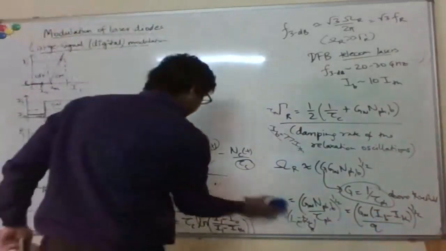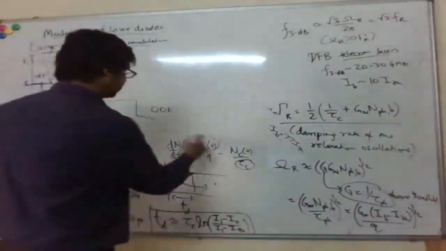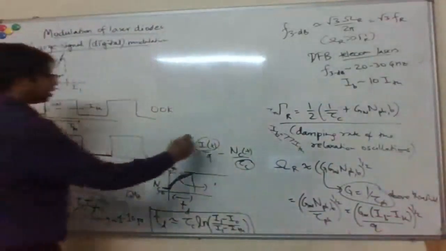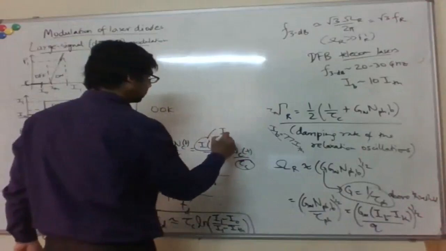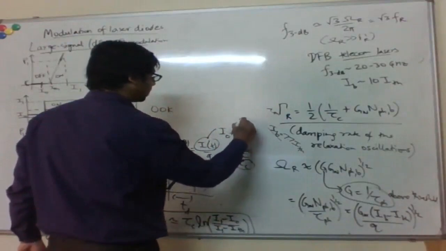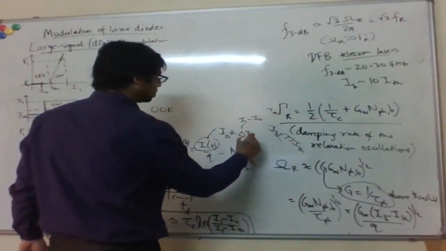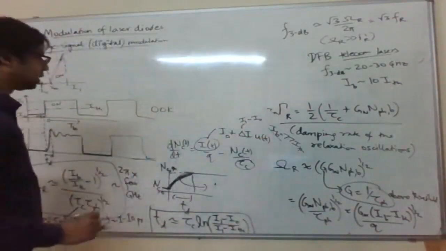I said that in this equation, you just put I of t as something like I naught plus delta I, which is I1 minus I0, times u of t, the step function.